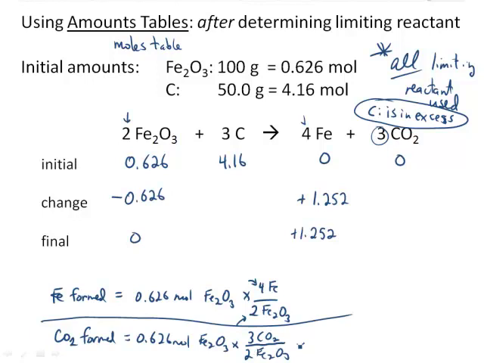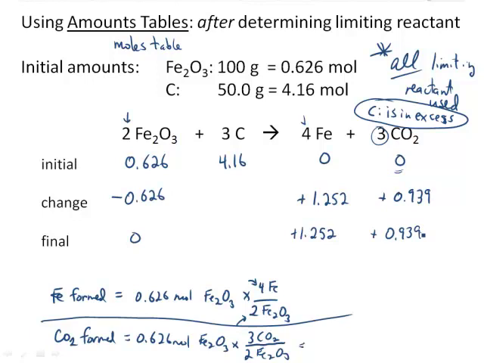So that's 0.626 times 1.5, which is 0.939. Because CO2 is a product, you're going to add 0.939 moles. You had 0 to start with, so you end up with 0.939 moles of CO2.